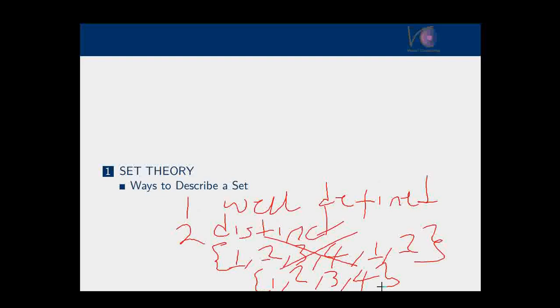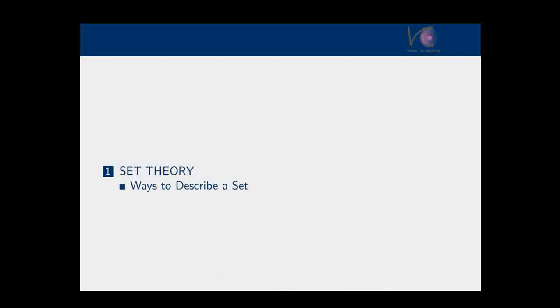Then the third characteristic is that the order of elements is not important in the set. The order does not matter. Whichever number you begin with, or whichever letter, if you are dealing with the alphabet, is not important.